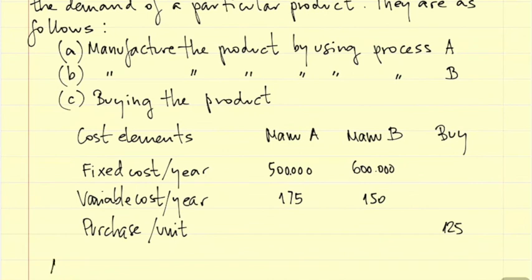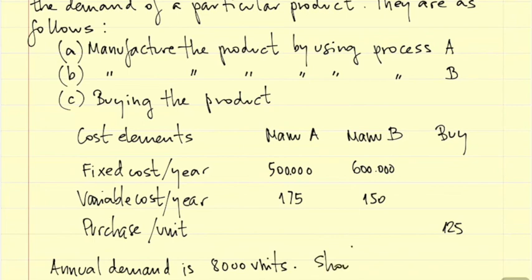So annual demand is 8,000 units. Should we make or buy? Okay. For you to solve.